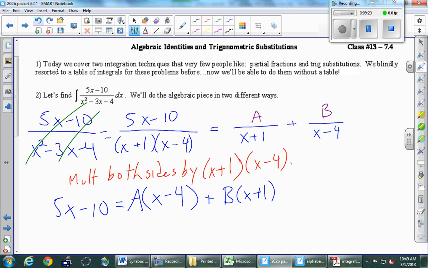Any questions on where those pieces came from? So far, so good? All right. Again, the goal was to find A and B to make that first equation true. The bottom equation in blue is true for every value of x. It's supposed to be true all the time. We're going to pick some particular values of x to make good things happen. For example, Topher, if we pick x equals 4, what nice thing happens? The A part goes to 0.